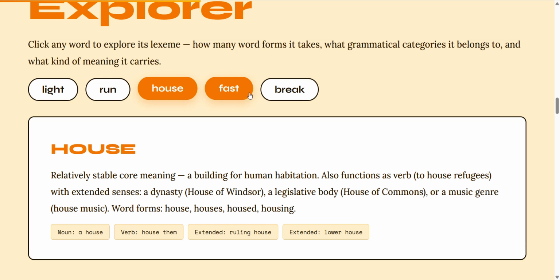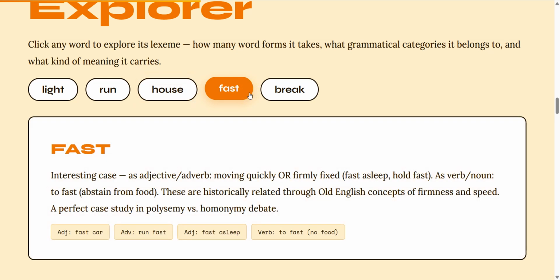Then let's check fast. As an adjective or adverb it means moving quickly or firmly fixed, like fast asleep or hold fast. As a verb or noun it is to fast, that is, abstain from food. They are historically related through the Old English concept of firmness and speed.